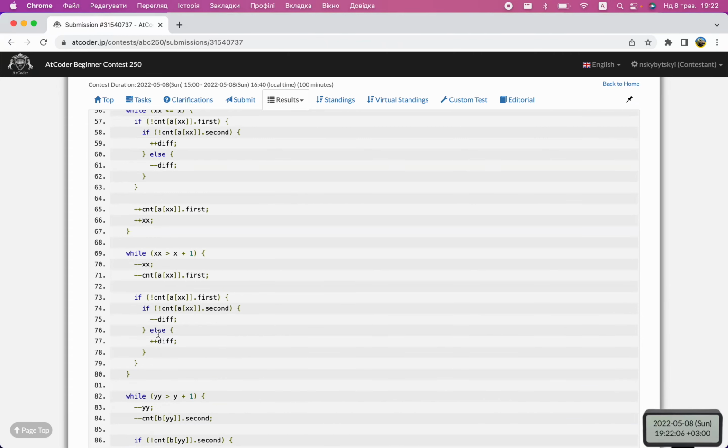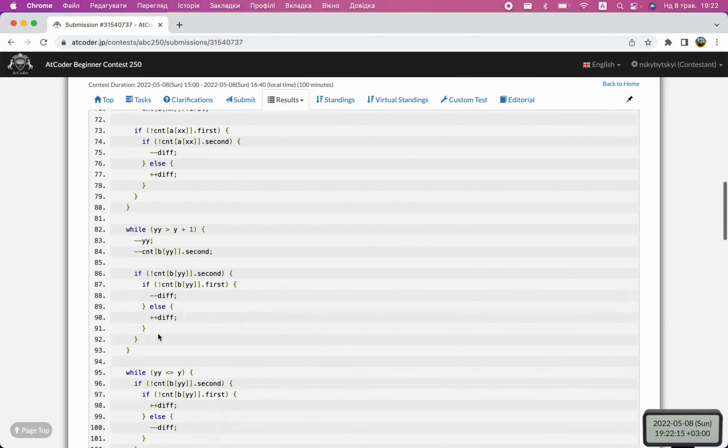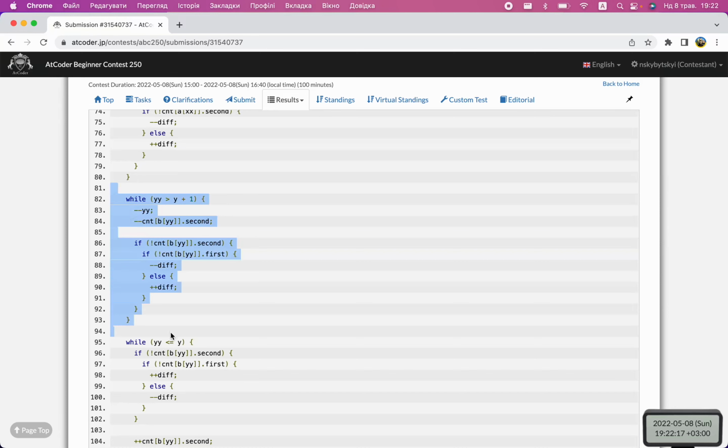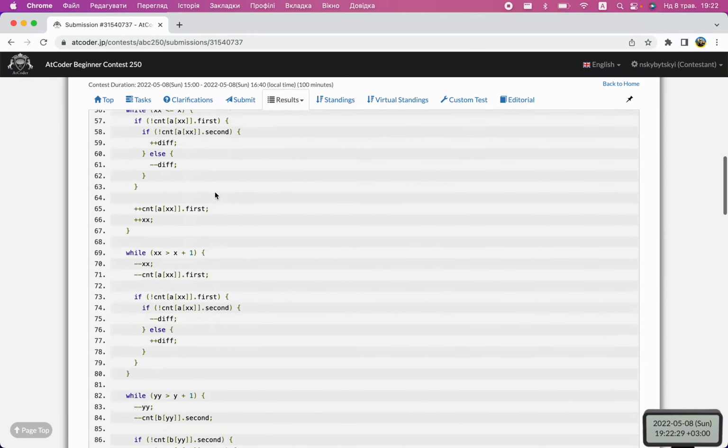Although I do remember that one of the G problems recently, or not that recently, last year, required Mo's algorithm in ABC. So it was the first thing that I thought of after hashing, but I decided that hashing is kind of unfair. So I decided to implement something deterministic. So I came up with Mo's algorithm.